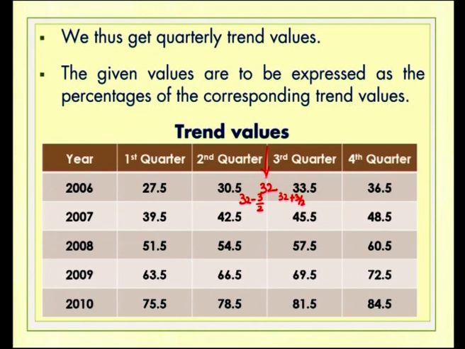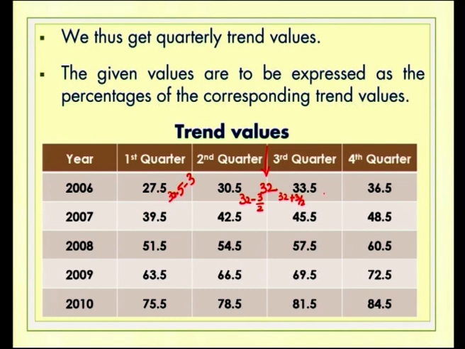Actually this 32 is not displayed; 30.5 corresponding to the second quarter and 33.5 corresponding to the third quarter are displayed, since the quarterly increment is what we used to calculate the trend equation. Corresponding to the first quarter, since the quarterly increment is 3, for obtaining the value for the first quarter from the second quarter, it is 30.5 minus 3, which gives you 27.5.